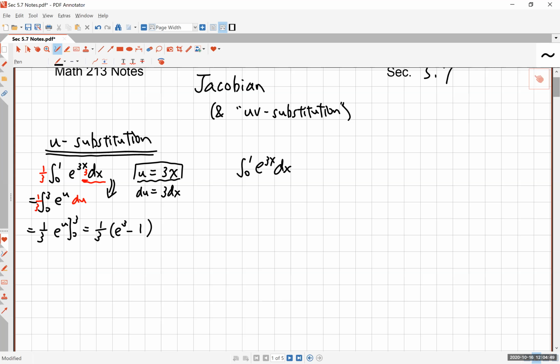This R, which could be complicated looking in the world of xy, could be very simple, maybe rectangular, in the world of uv. That would be the ultimate dream, because rectangles are much easier to integrate than some weird region R.